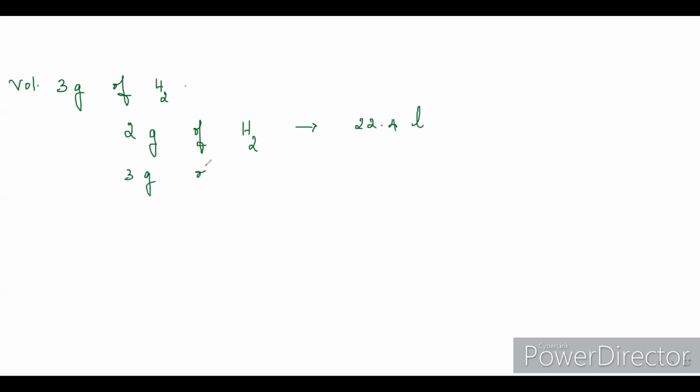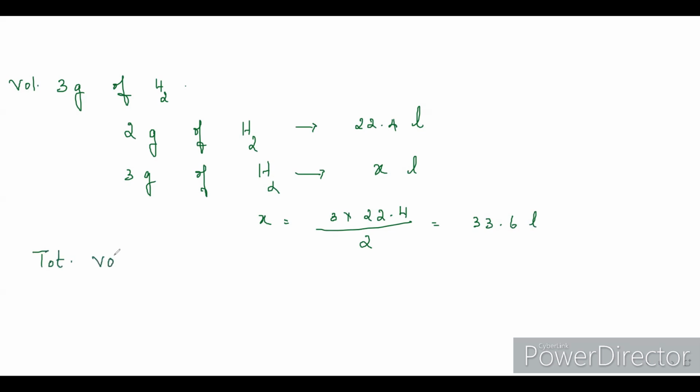Therefore, 3 grams of hydrogen will have X liters, and X will be 3 into 22.4 divided by 2, that is 33.6 liters. And the question is to calculate the total volume. Total volume will be this 33.6 plus the previous 11.2 liters. So when you add them together, 44.8 liters will be the net result here.